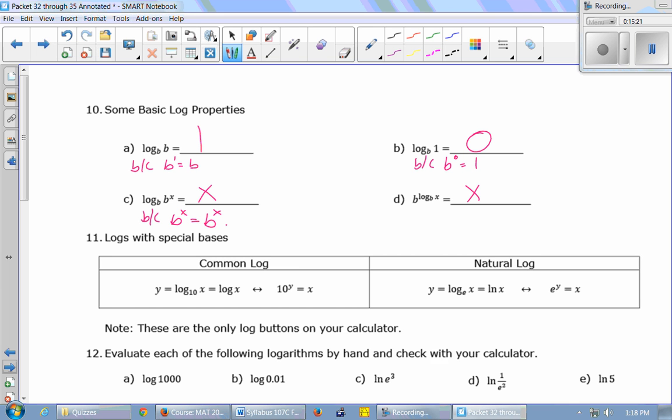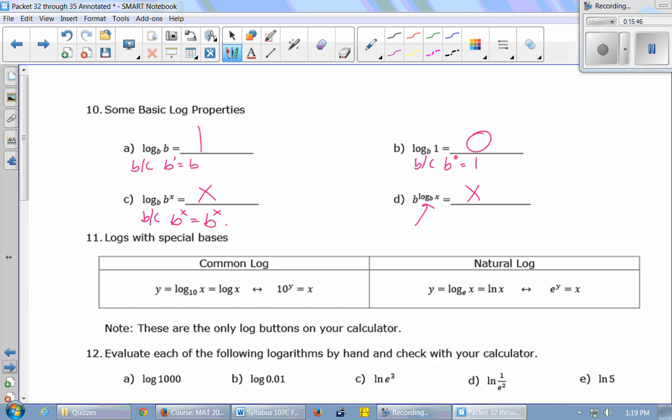So log base b of x, I'm not going to write down symbols. Let's just think about it in words. If you were thinking about log base b of x, you'd be asking yourself, okay, what power do I raise b to get an x? I don't know, but I'm going to raise b to whatever power you raise b to get an x.